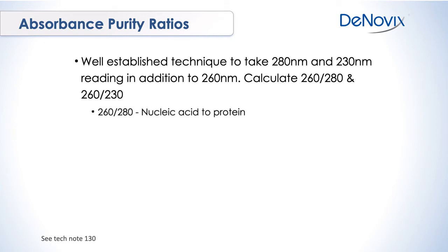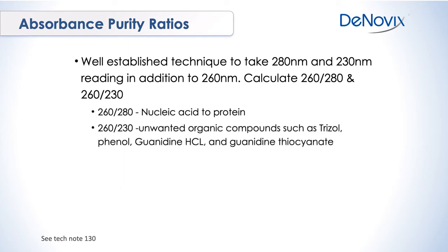And the 260/280 is our ratio of nucleic acid to protein. And the 260/230 ratio, the 230 measurement is generally organic compounds like TRIzol, phenol, guanidine HCl, guanidine thiocyanate, things that are likely to come through from our DNA extractions or RNA extractions.